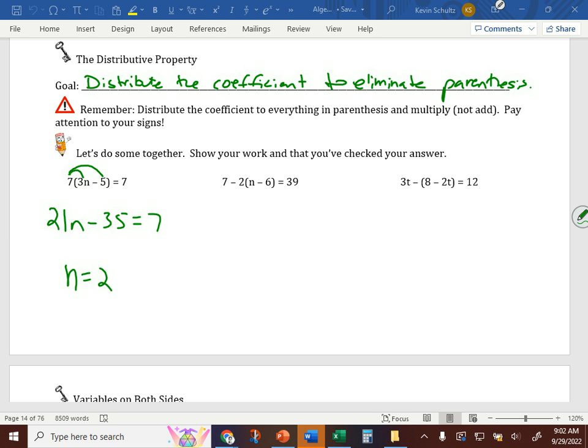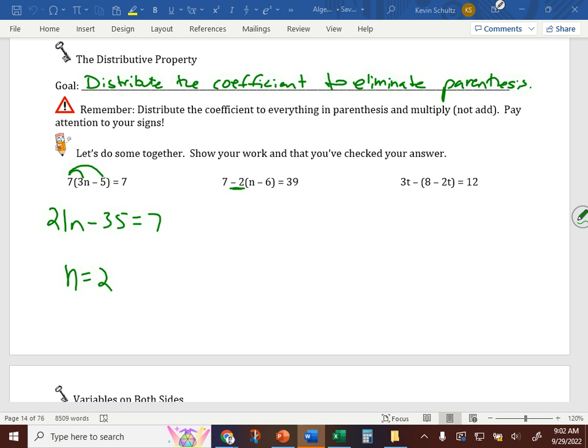The next one. Ooh, what do we do first here? Paul? Brilliant, Paul. Why can't we subtract 7 and 2? It's so tempting to subtract 7 and 2 and put in a 5, but why can't we do that, Paul? Right, order of operations, okay? We have to multiply, which is what this operation is, before we subtract. And Paul went even one step further. My next question is, what do we distribute? What's the coefficient? Paul said negative 2, which is brilliant.